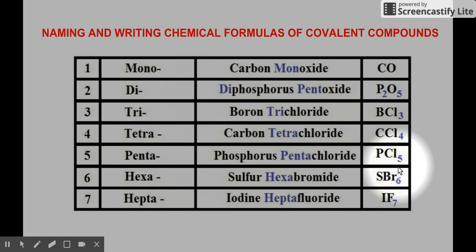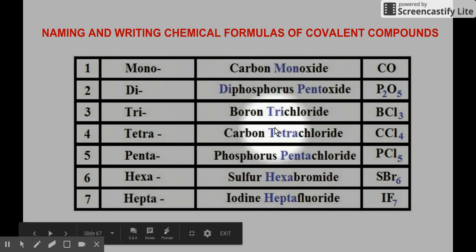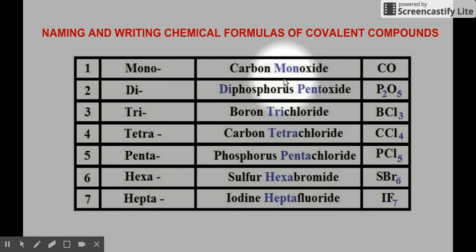And the name of the ionic compound was not dependent on this. No prefixes, only for covalent compounds. So always look at your periodic table if you're unsure what type of compound you're dealing with, and I hope that you can get it accurately. Thank you so much, and that's all for covalent compounds.